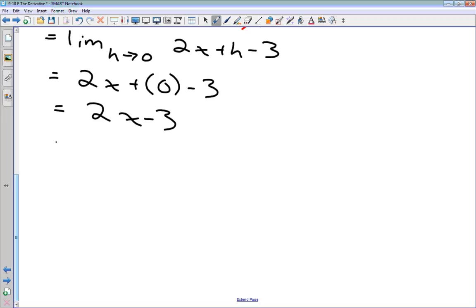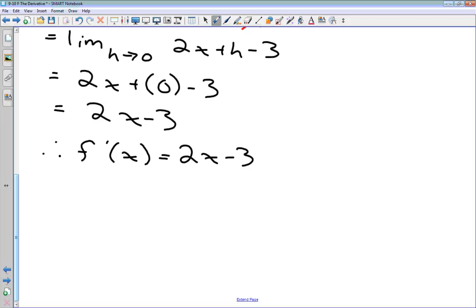Okay? f prime at x equals 2x minus 3. What does this function do? Well, it gives me the slope of the tangent to my original function, x squared minus 3x, at any x value that I choose.